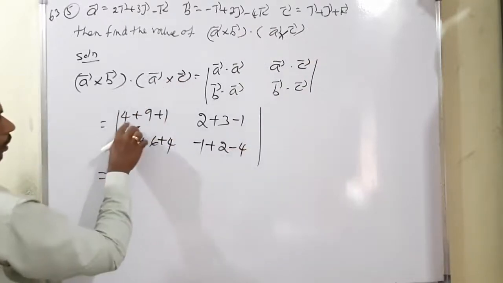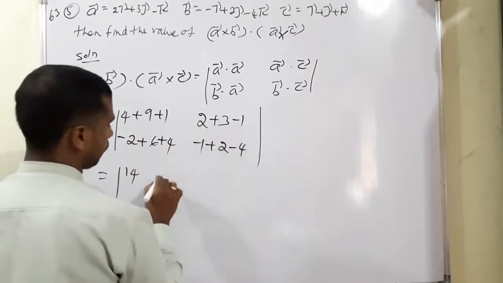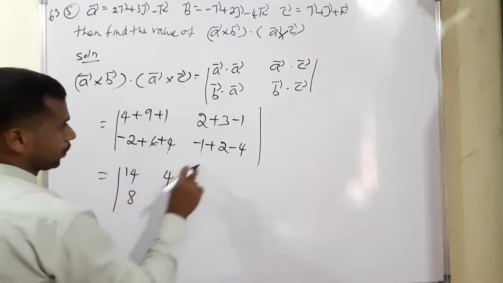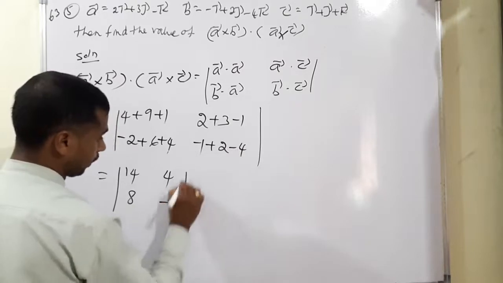Now 4 plus 9 is 13, 13 plus 1 means 14. 2 plus 3 is 5, 5 minus 1 is 4. 6 plus 4 is 10, 10 minus 2 means positive 8. Minus 1 minus 4 is minus 5, minus 5 plus 2 means minus 3.